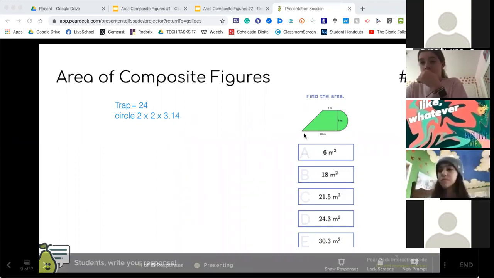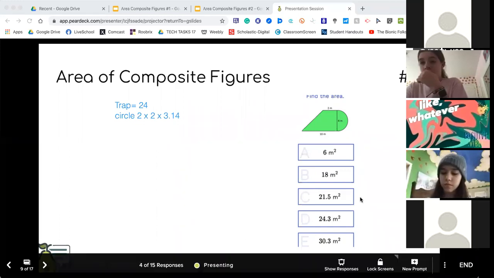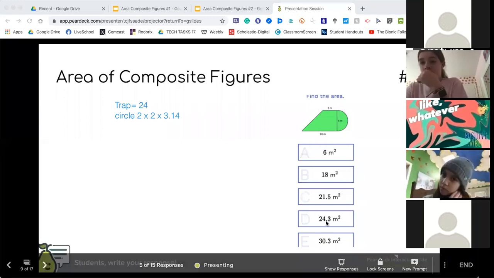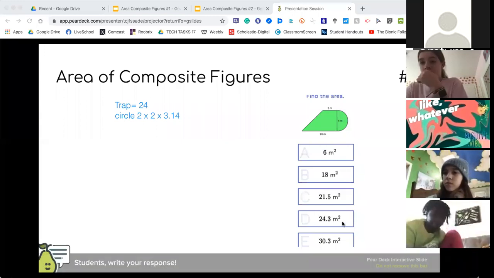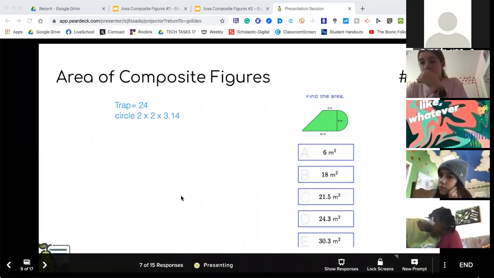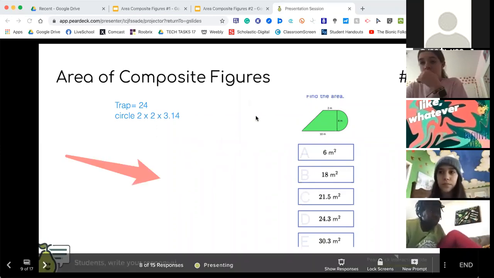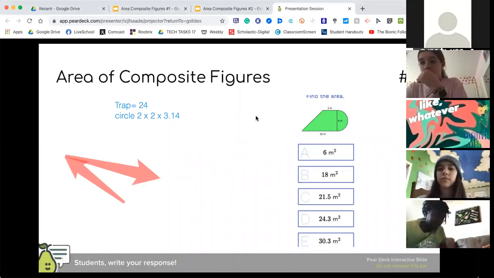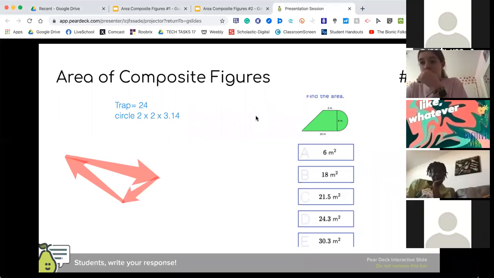We can eliminate A and B and C because they're less than 24. We can also eliminate D because it's more than 3/10 more. So it has to be E. Most of you said E, and that's correct. If you did not say E, do you see why the correct answer is E?